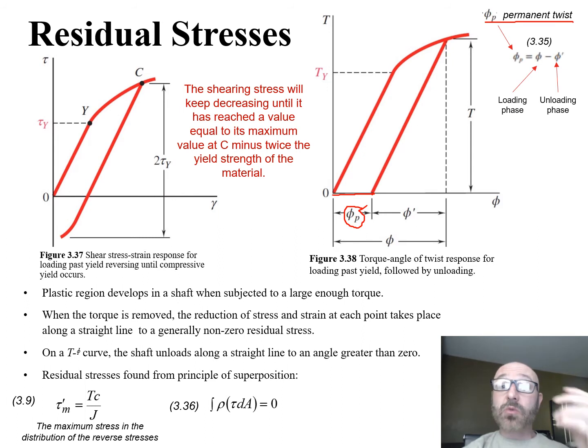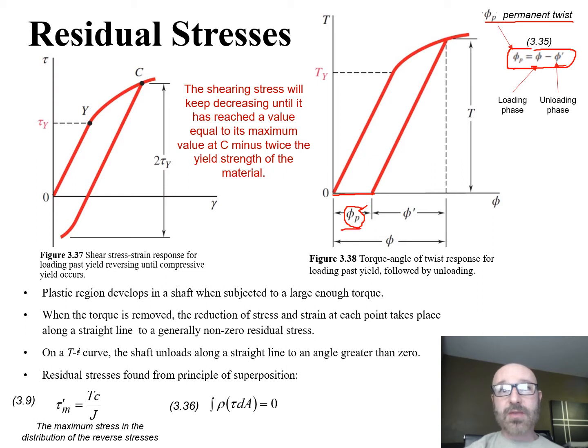Now if we go back to equation 3.35 in our textbook, we can see a relationship for our permanent twist relative to our loading phase and our unloading phase. So the permanent twist is equal to our loading phase minus our unloading phase. So phi sub P is equal to phi minus phi prime.